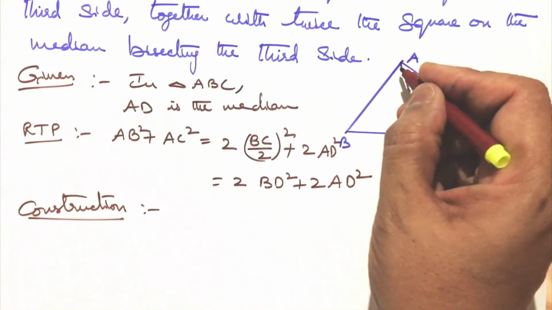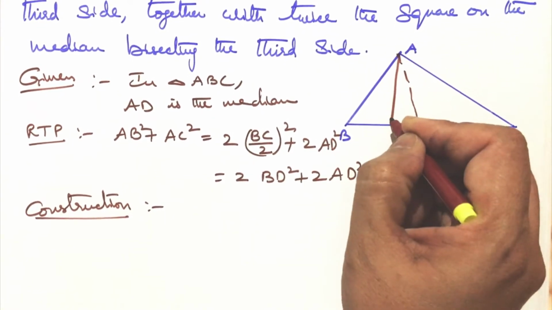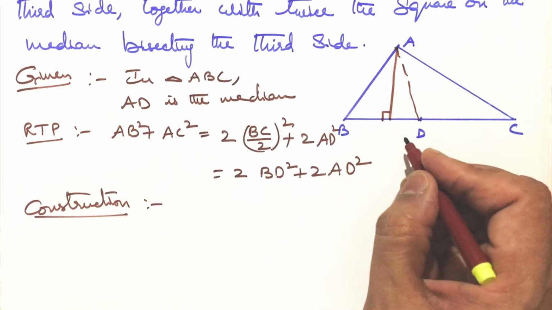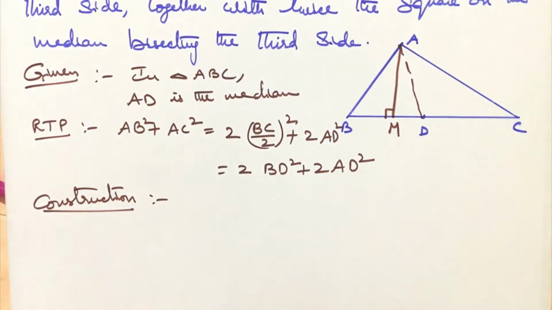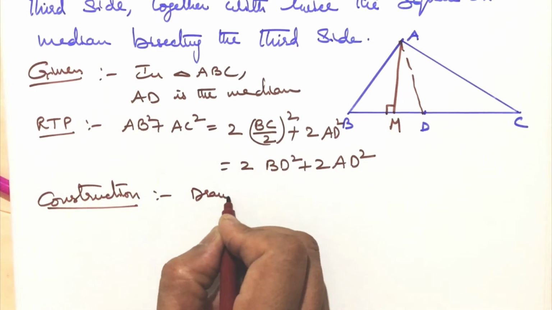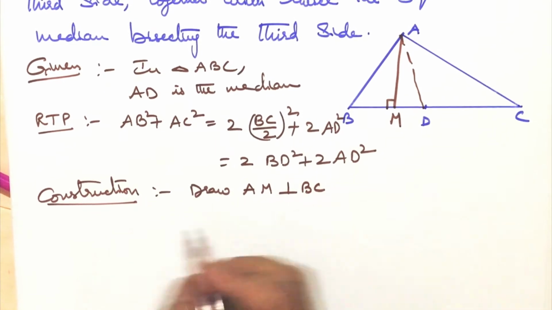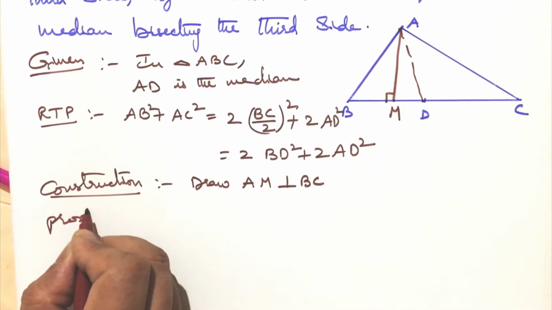We have to draw a right angle in this triangle ABC, which is AM perpendicular to BC. Draw AM perpendicular to BC. Now coming to the proof.